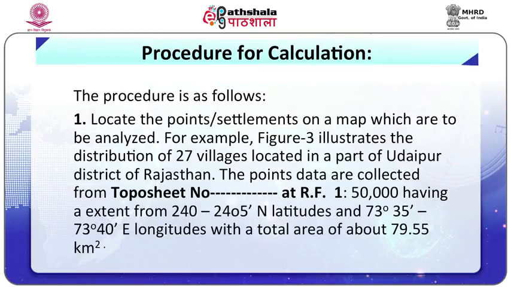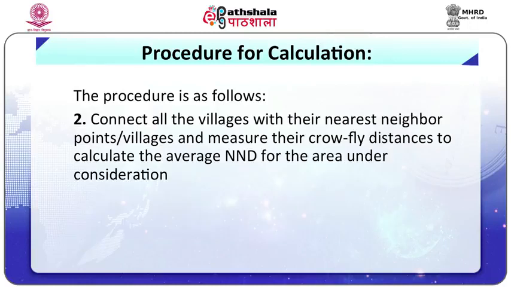The points data are collected from the topo sheet at RF 1:50,000 having an extent from 24 degrees to 24 degrees 5 minutes north latitude and 73 degrees 35 minutes to 73 degrees 40 minutes east longitude, with a total area of about 79.55 square kilometers.